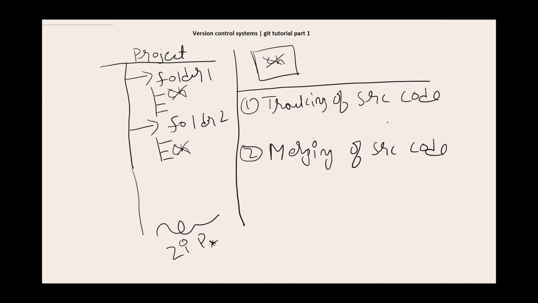The third one is not a problem. It is related to open source contribution. When you go to GitHub, we'll also look into what GitHub is and the difference between Git and GitHub. When you go to GitHub, you can see many projects of different people.